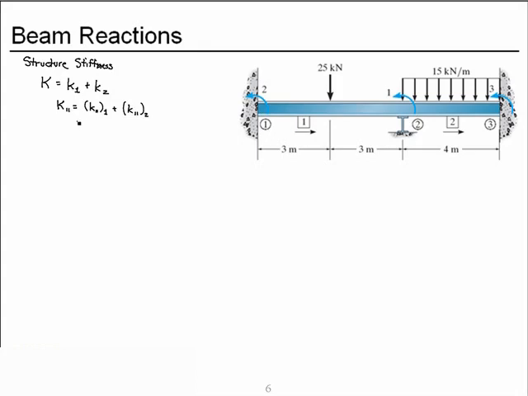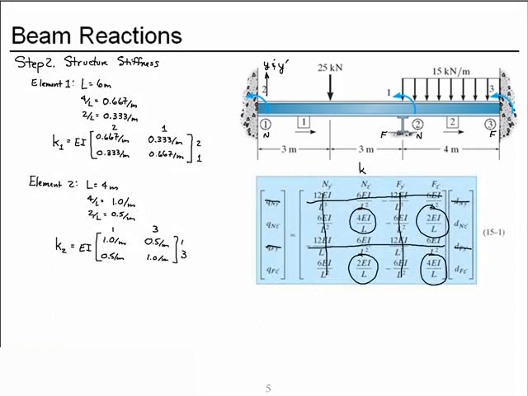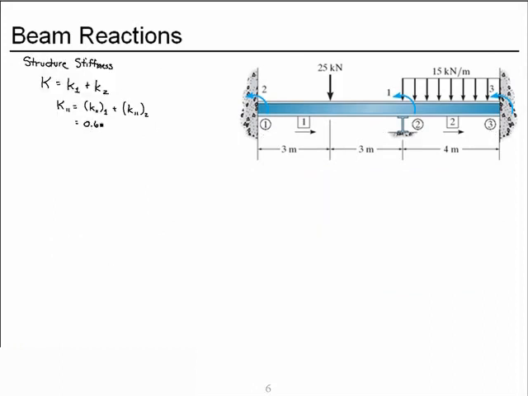And in this case, degree of freedom 1, 1 is 0.667 per meter from element 1. From element 2, degree of freedom 1, 1 is 1.0 per meter. Both of those multiplied by EI.